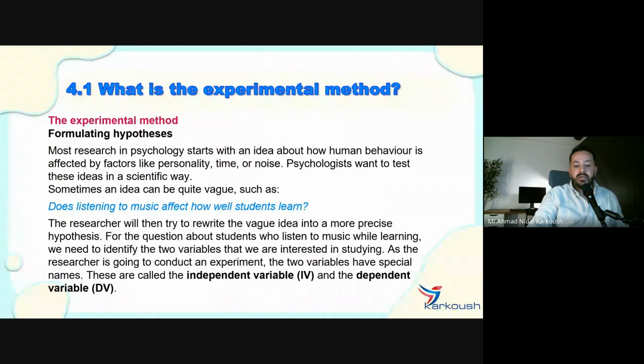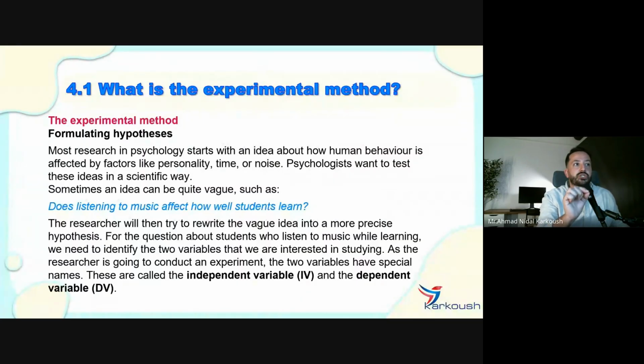As I previously said, it's never a question. It's just a response. It's always a statement saying this affects this, and then your job is to investigate whether this hypothesis is true or not.